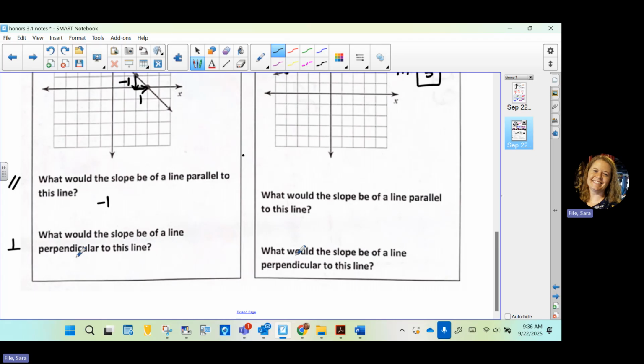But what you need to remember for perpendicular, y'all said opposite. That means change the sign. And then reciprocal means flip the fraction.